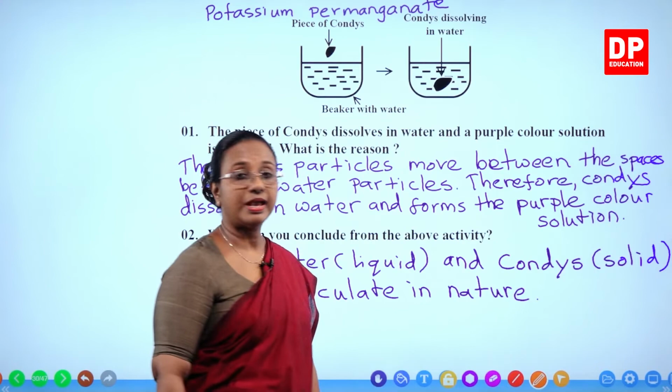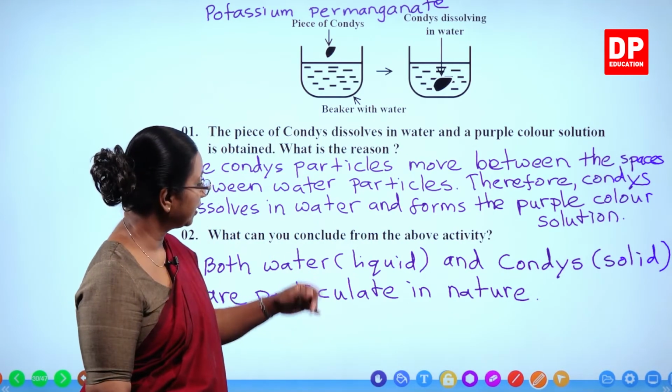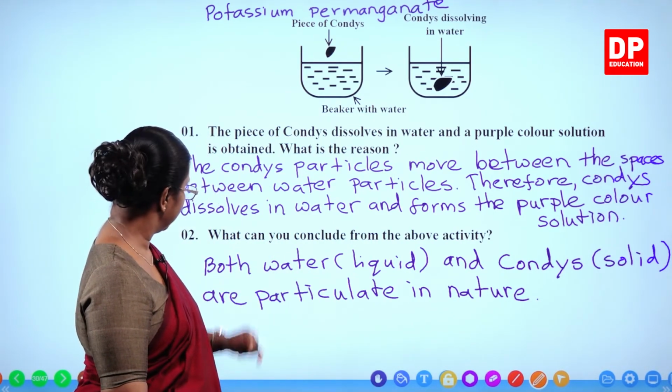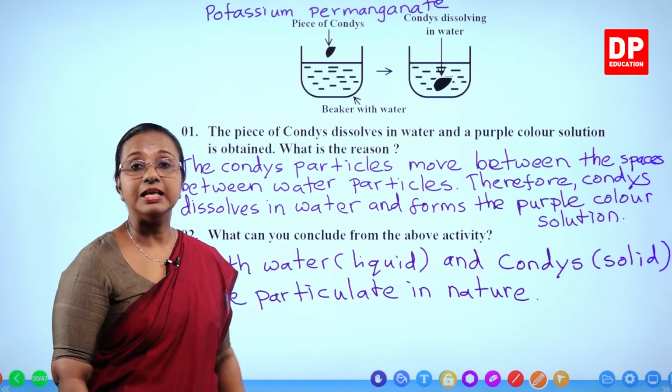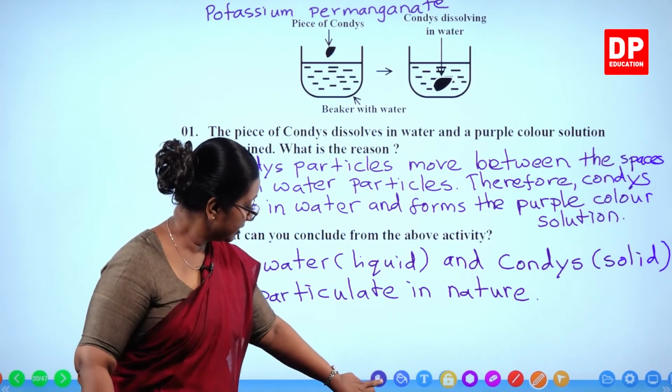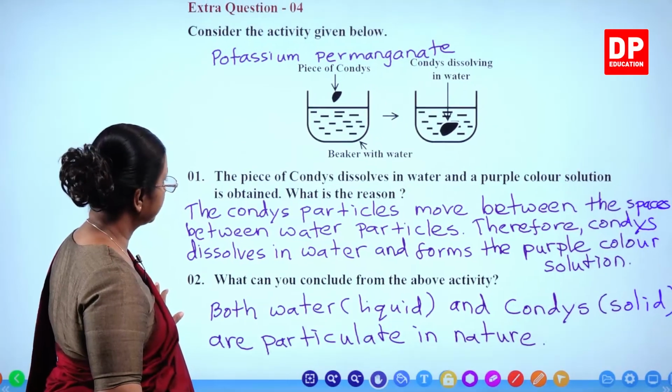That is what you can conclude from this. Both water, that is a liquid, and condis, it is a solid, are particulate in nature. So this is something you have to understand.